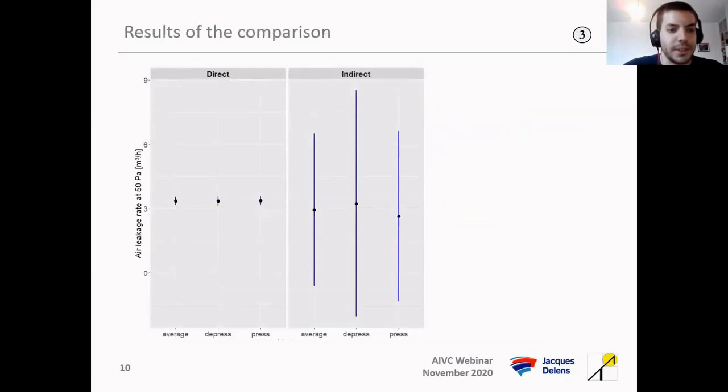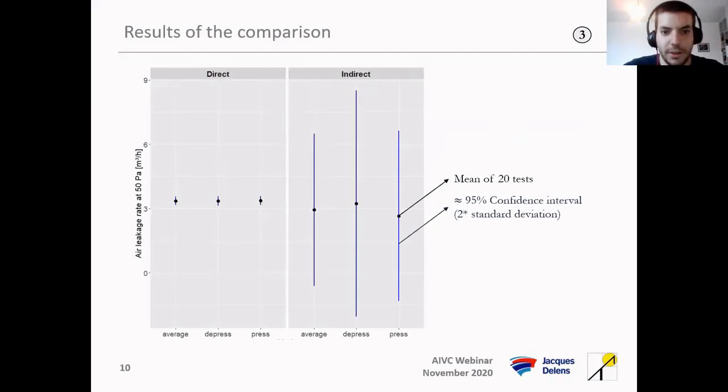Your interest is more in this graphic. So you have the black dots that are the mean of 20 tests, on the right hand side for the indirect method and on the left hand side for the direct method. And we see that these are more or less around 3 cubic meters per hour for both methods. And in blue, you have the 95% interval that is calculated as twice the standard deviation.